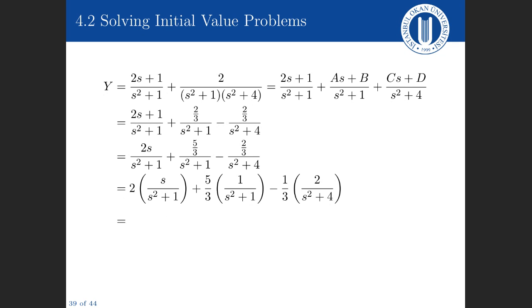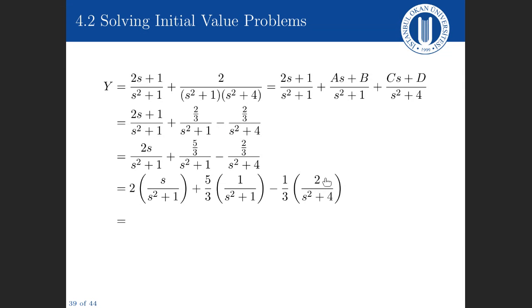For the third term, look, I'm not taking 2/3 out, I'm only taking 1/3 out. The reason is that 1 divided by s squared plus 4 does not appear on the table of elementary Laplace transforms, but 2 divided by s squared plus 4 does appear on this table.